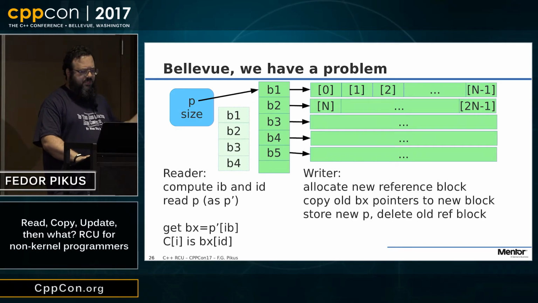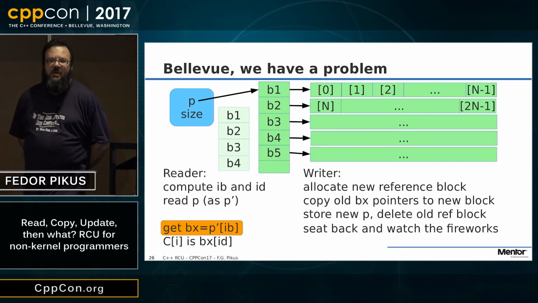The reader is doing what I just had on the previous slide; I just abbreviated it on the left. The writer allocates a new reference block. That's fine. Copies the old reference block pointers to the new block. No problem. Changes P atomically to point to the new reference block. Go for it. Deletes the old reference block.